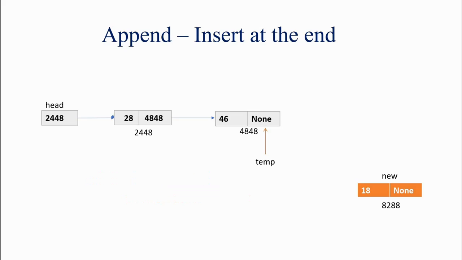At this time, the pointer temp will be pointing to the last node. Now assign temp.next equal to new. So this will link last node to new node. This is how we can append node to the linked list. That is adding the node to the end of the linked list.